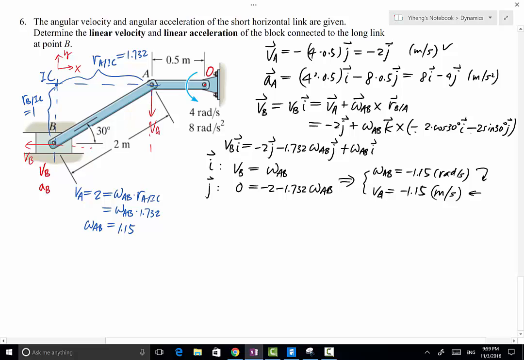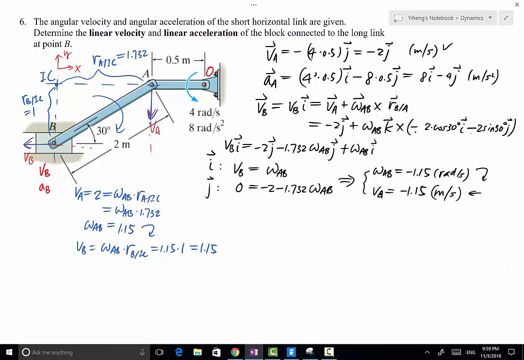And because VA is in this direction, and VB is in this direction, you can tell that the rotation is clockwise, so you manually determine that the rotation is clockwise. And then VB will equal omega AB times RB relative to IC, which is 1.15 times 1, which again equals 1.15 meter per second. And then you can just manually determine the direction of that velocity.